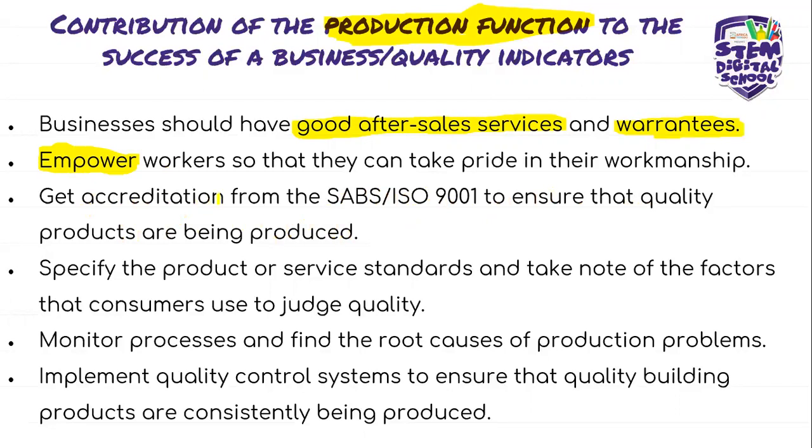You must be accredited, because if your product is accredited by one of these bodies, you would know that, okay, I can rely on this product, right? So now, guys, you must always check your products every time you buy them, on whether they have one of these accreditations, either SABS or ISO 9001.